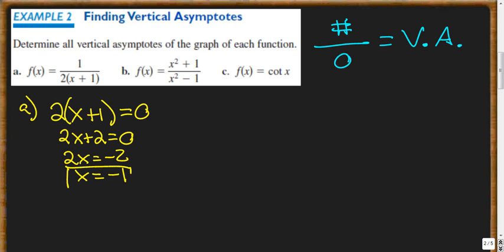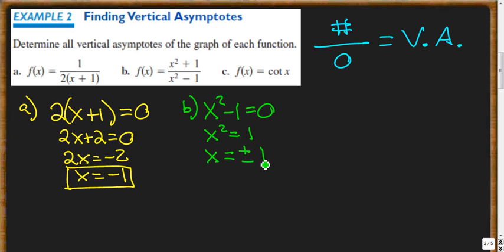So this is our first answer. For B, we want to know when x squared minus 1 equals 0. Well, x squared equals 1, and x is going to equal positive or negative 1. If we were to plug those numbers into our numerator, we would always get a number, which means that we have a vertical asymptote.